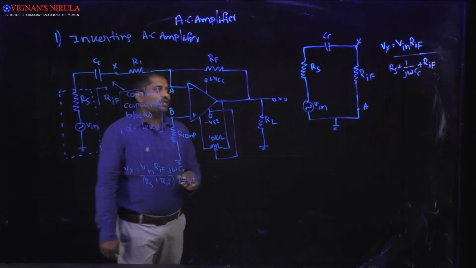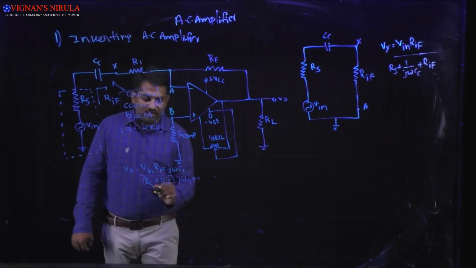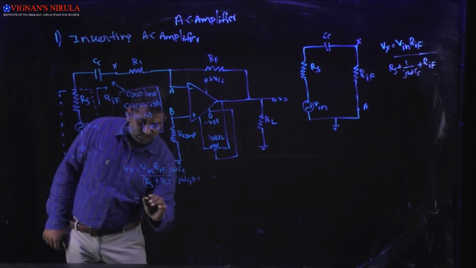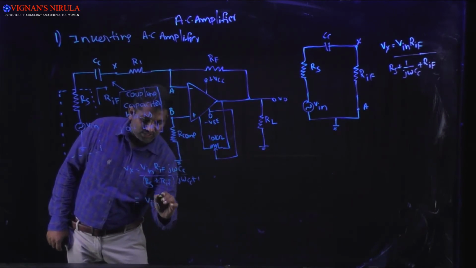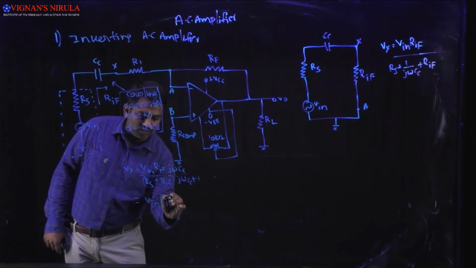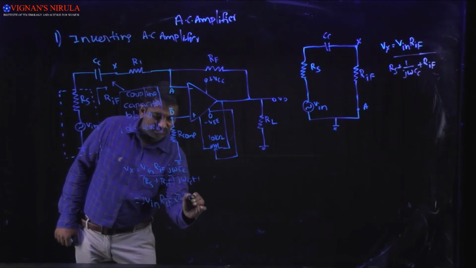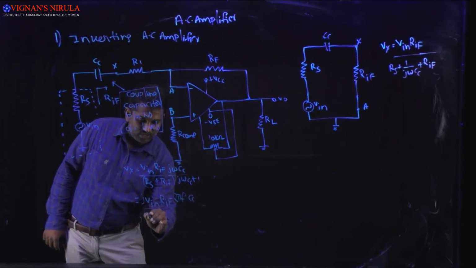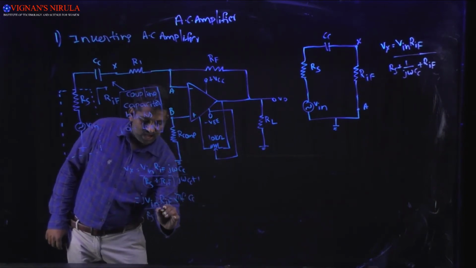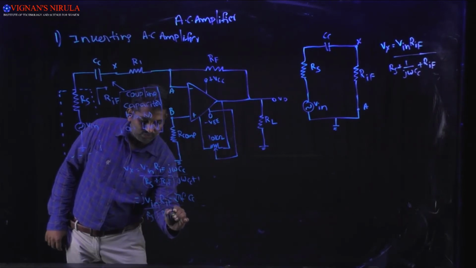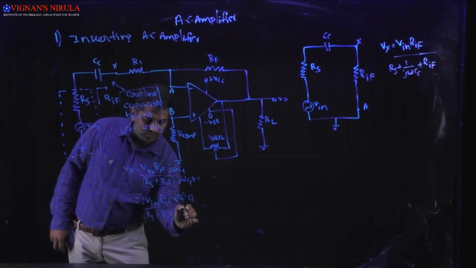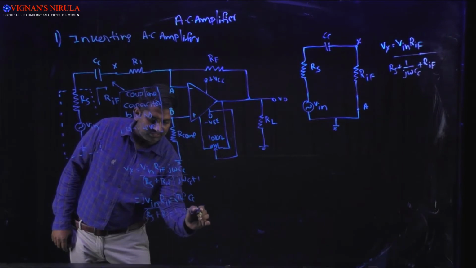We all know that omega is equal to 2 pi f. Now substitute omega is equal to 2 pi f in this equation. Then you will get Vin into RIF into 2 pi f into j into Cc divided by Rs plus RIF into j 2 pi f Cc plus 1.